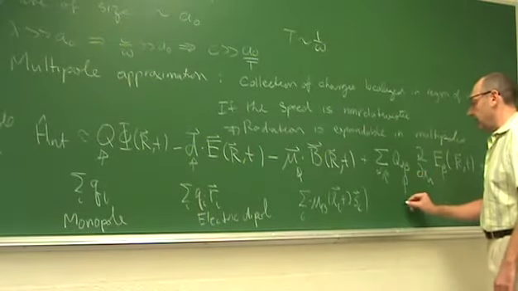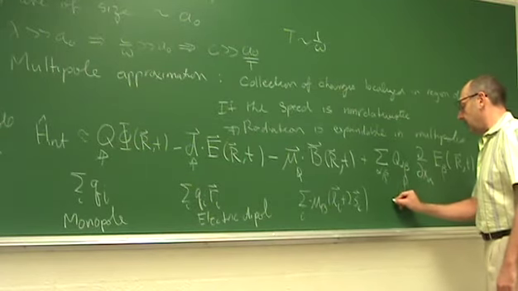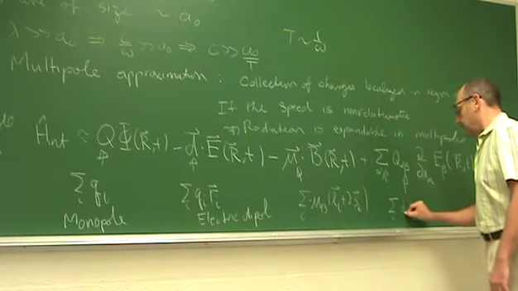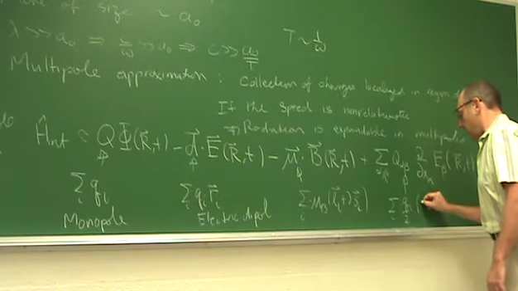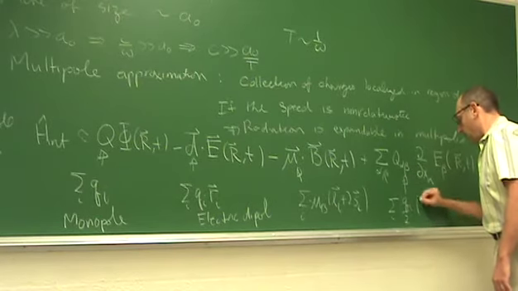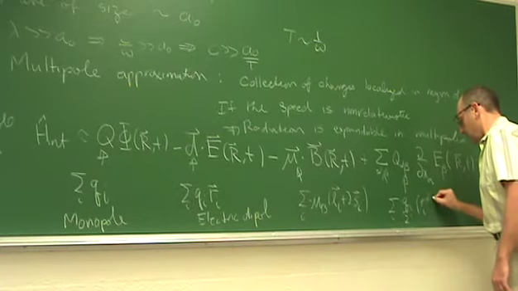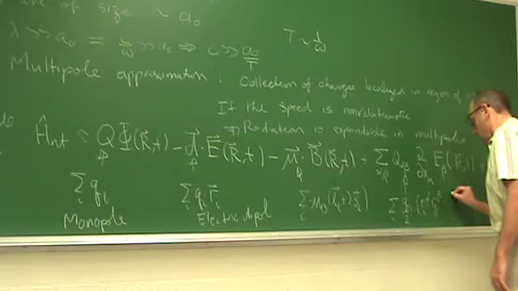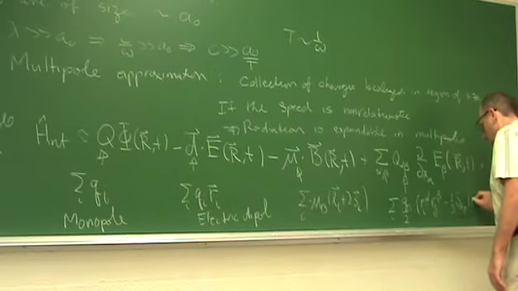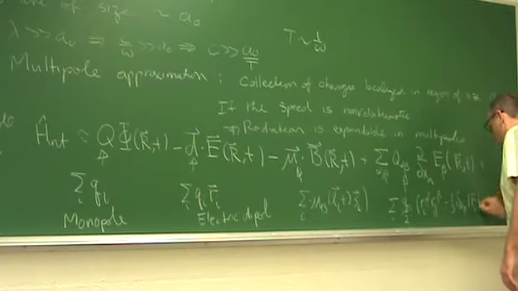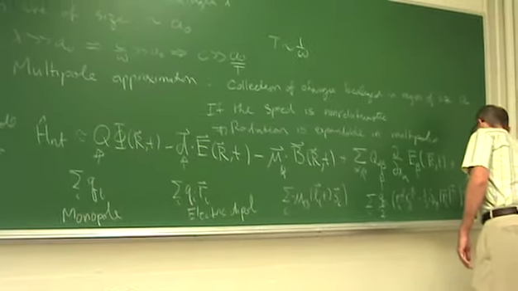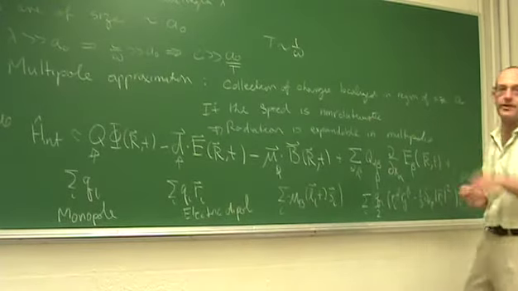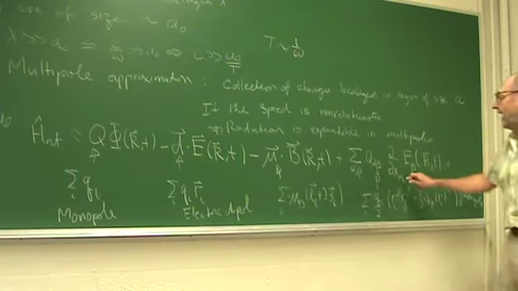And then Q here, Q alpha beta, is the sum over all the charges times things having to do with the different components, etc. And this is the electric quadrupole moment, etc. So here alpha and beta represent the x, y, and z.